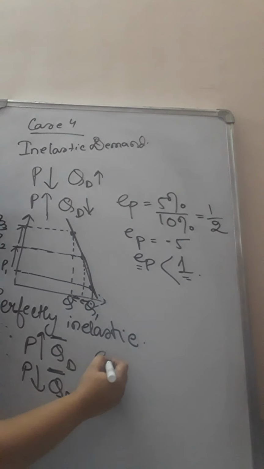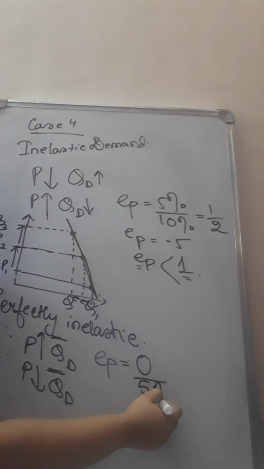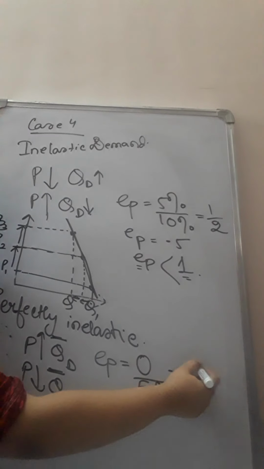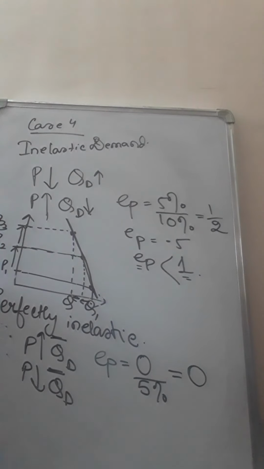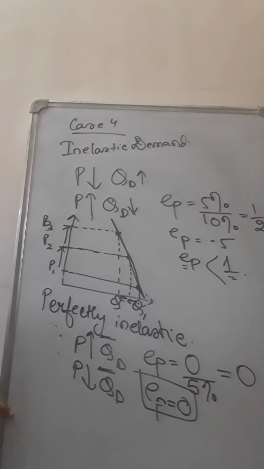So EP value, percentage change in quantity: there is no change in quantity, so the top part will be 0. And there is a percentage change in price, suppose there is a 5% change in price. But if the numerator is 0, the entire value of price elasticity becomes 0. So whenever elasticity is equal to 0, it shows that there is no change in demand as a result of price change.